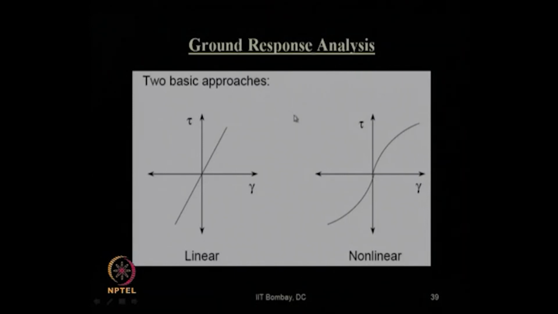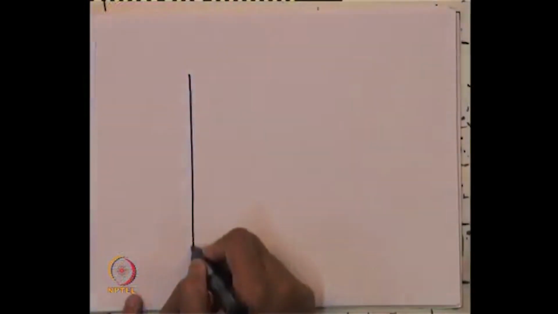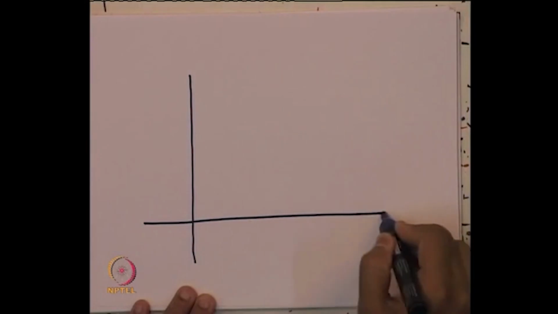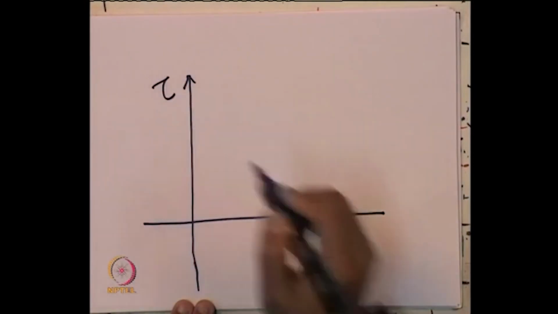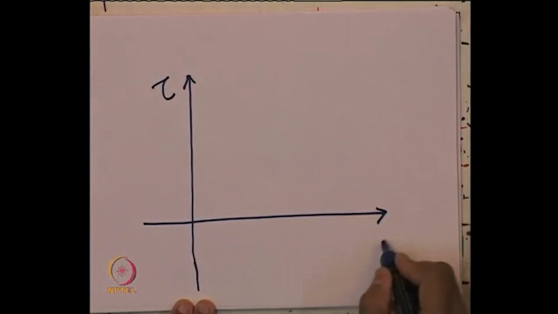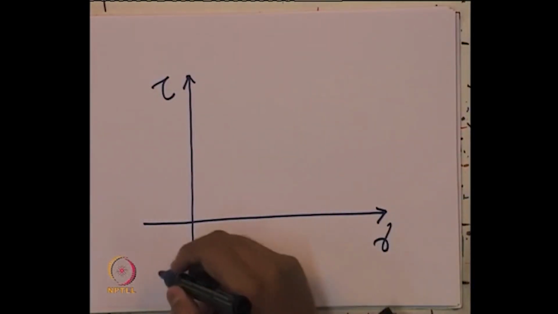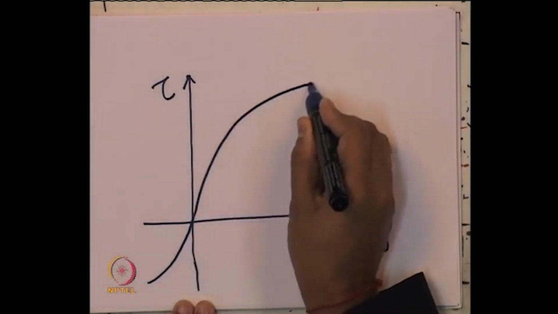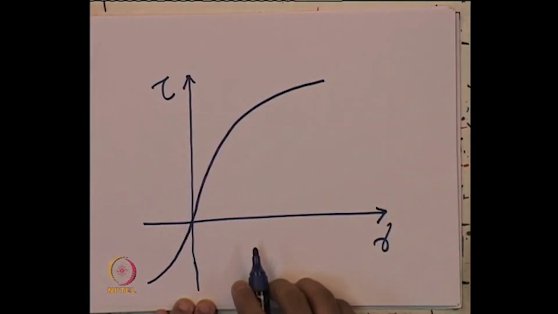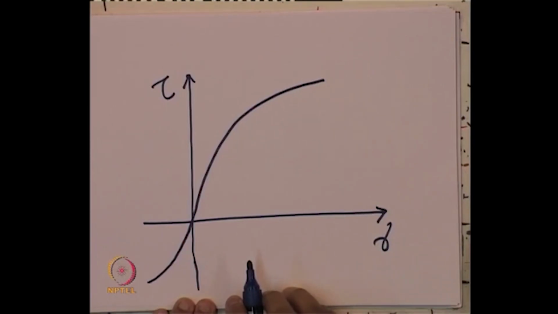And as we have learned in the module on dynamic soil properties, there will be another typical case. I can plot it here, shear stress versus shear strain. Let us say a non-linear behavior like this for a soil material under dynamic loading or earthquake loading condition.